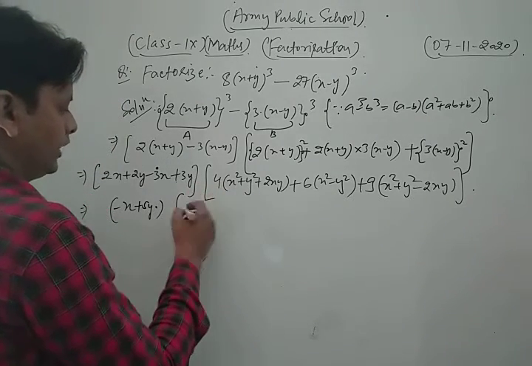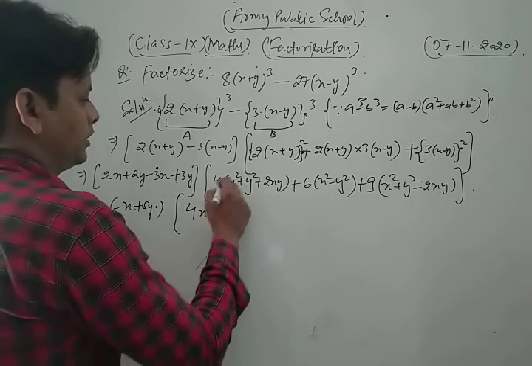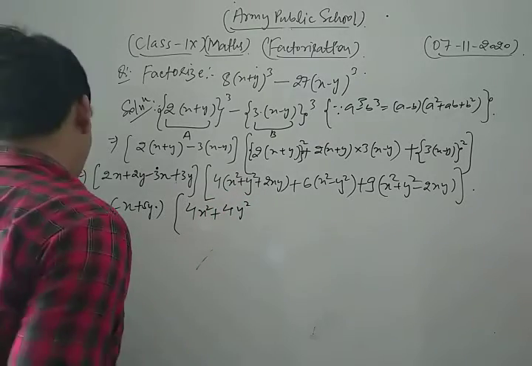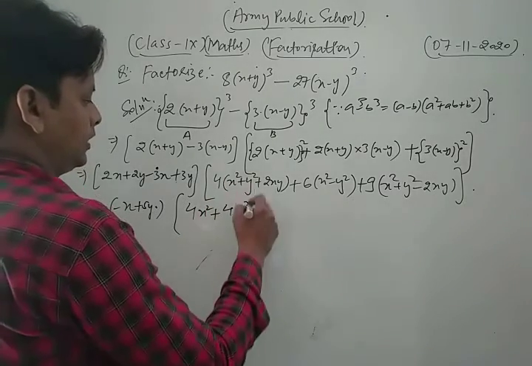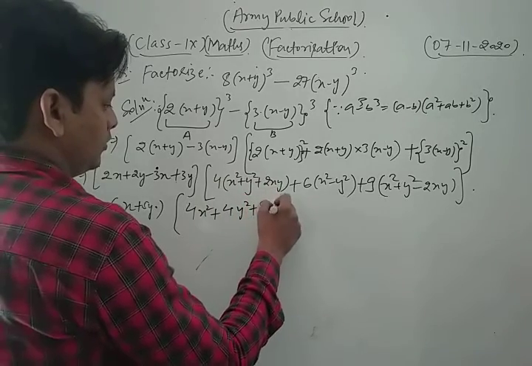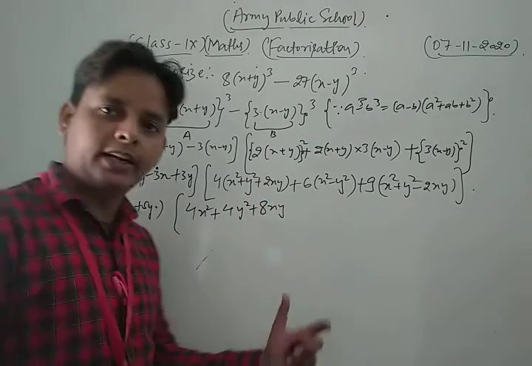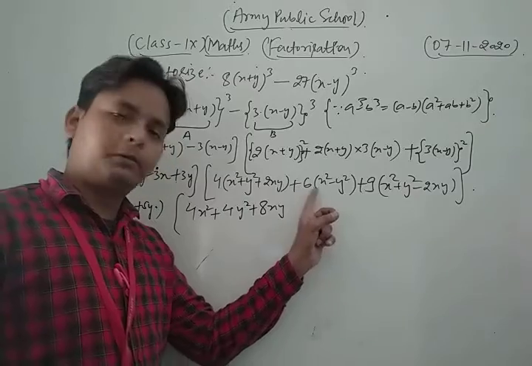We get 4x square plus 4y square, plus 8xy. Okay, dear students, similarly we multiply them.